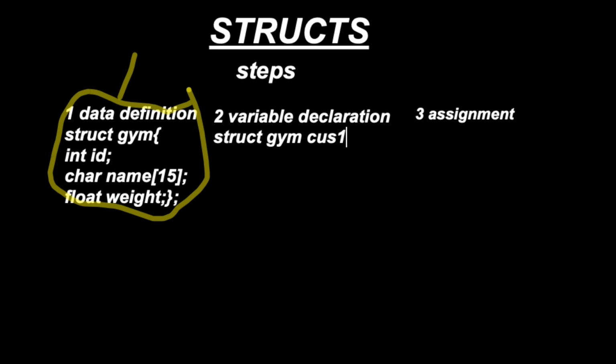But apart from that, it behaves the same way. It has its own pointer, and you can actually have an array. We can have an array of structs. As time goes on, we're going to be talking about that.